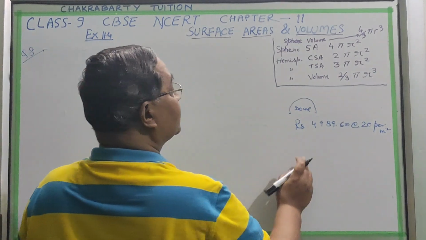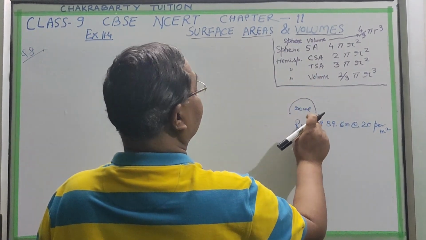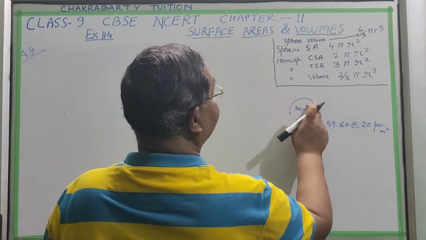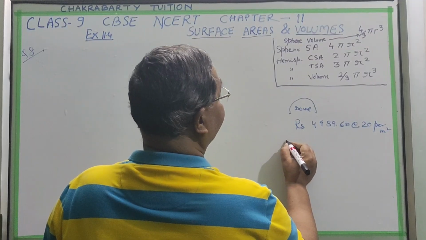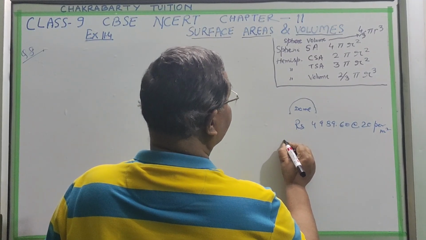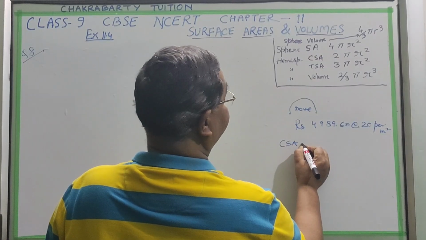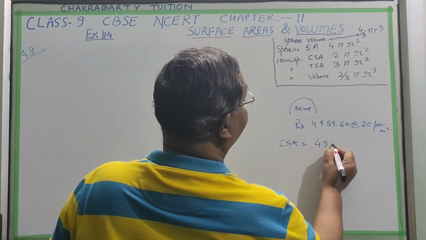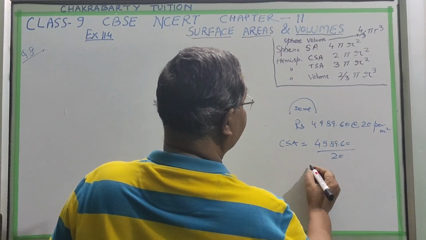20 per square meter. Okay, so from here we can find the inner curved surface area. It will be equal to 4989.60 divided by 20.